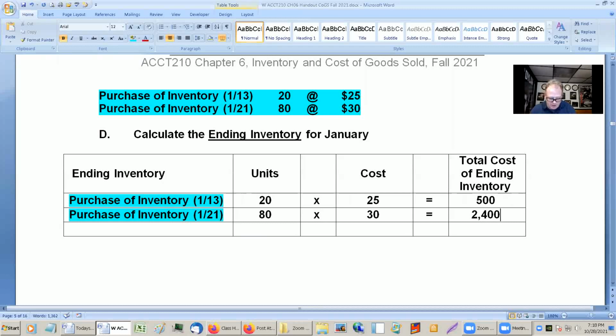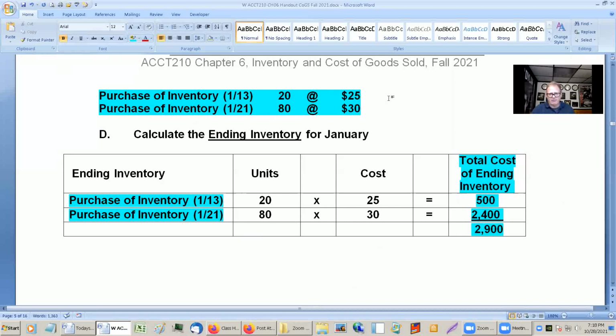Hold on a second. Okay, so this is 2,900. And so this will be our total ending inventory, 2,900.